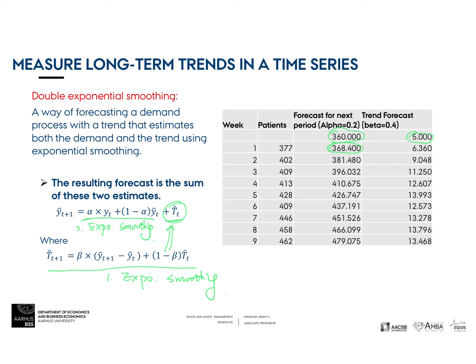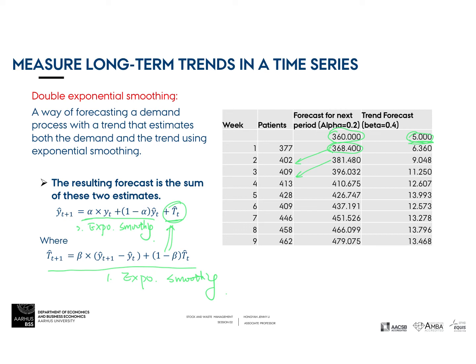Here this 368 should be the forecast for period 2. That's how I adjusted this layout in Excel. Otherwise, this calculation will not lead to the optimal smoothing parameters. But this is the method you should implement. For the trend, you use the formula for the trend forecast, and then you have an initial value for T0.